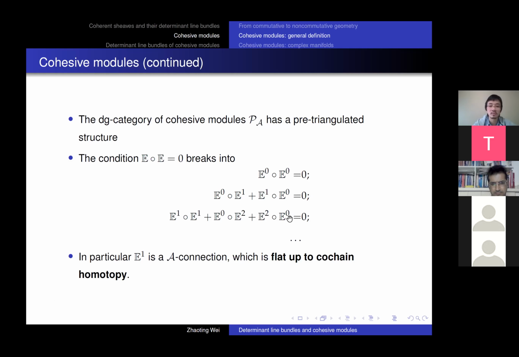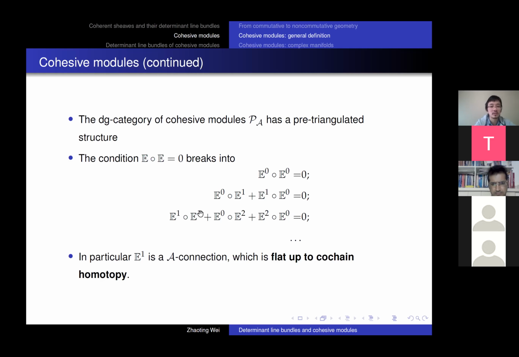And the point is we have higher components and they are all 0. Intuitively, we say that the E1 connection is flat up to cochain homotopy. I think we can see it from the third equation above.